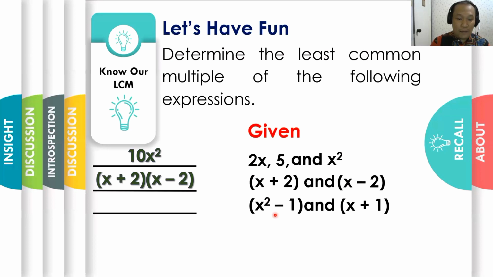Since we do have x plus 1, which is common to x plus 1, we are just going to write it as x plus 1 as a single. Then multiply to the remaining factor of x squared minus 1, which is x minus 1. Thus, the given LCM here will be x squared minus 1, or x minus 1 times x plus 1.